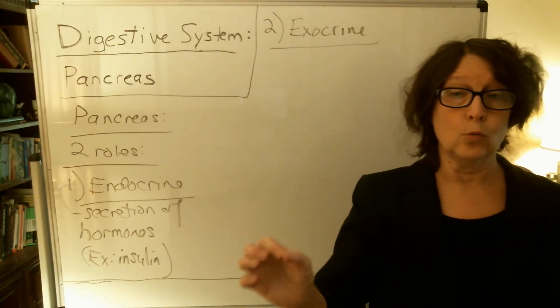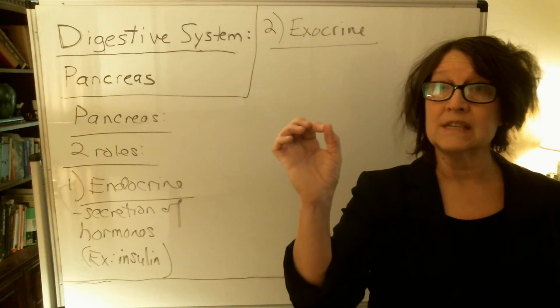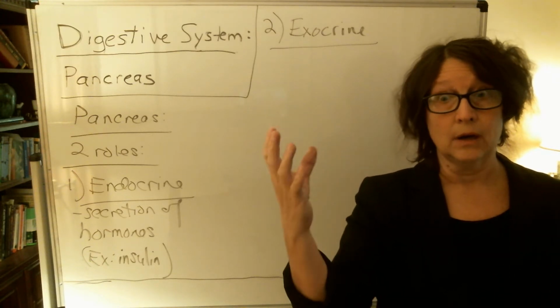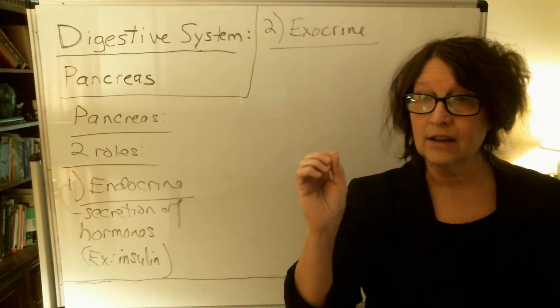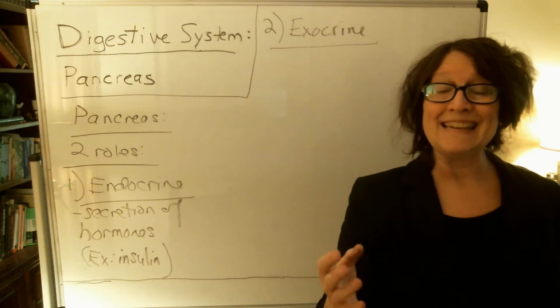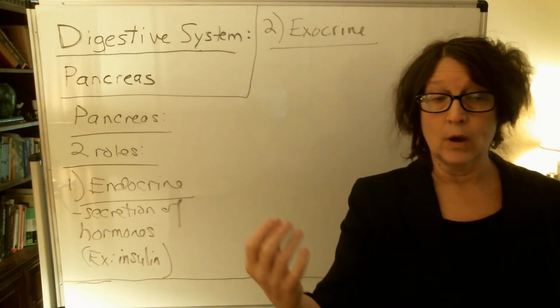Exocrine glands are the ones that secrete their substances into a tube, usually called a duct, but basically a tube, a garden hose, if you will. And the secretion then flows through that tube to its intended target, to where it's supposed to wind up.